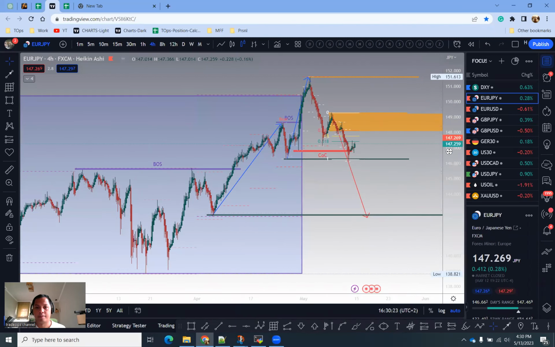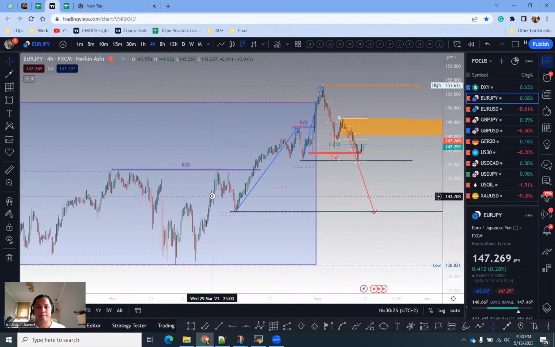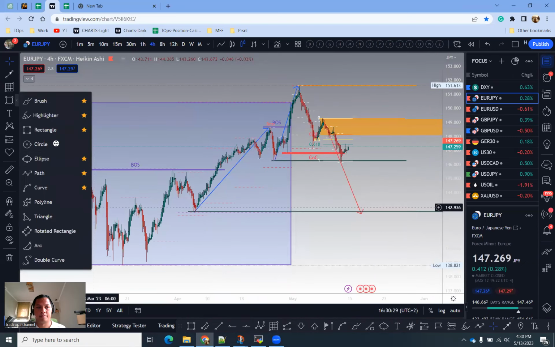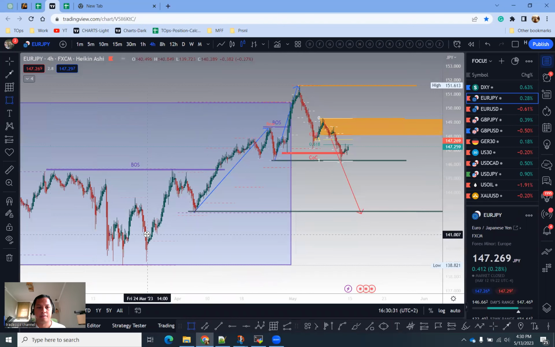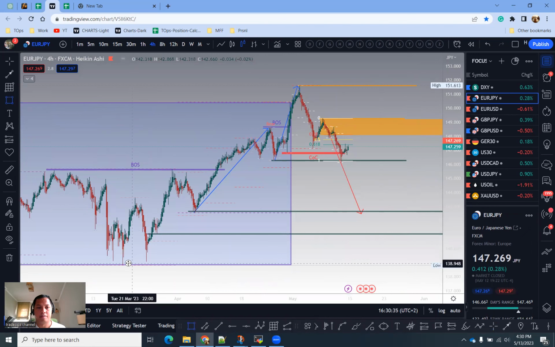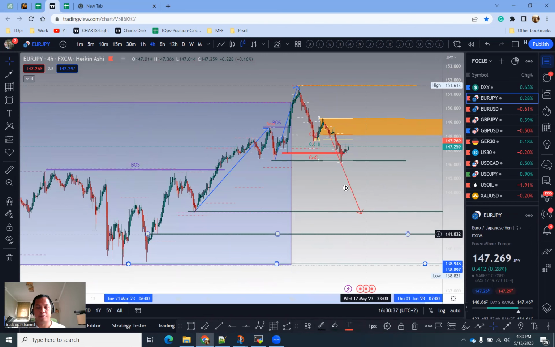Here, or here, or here. So 3. So again, once the price is at that level, ay obserbahan natin paano magbe-behave yung price.